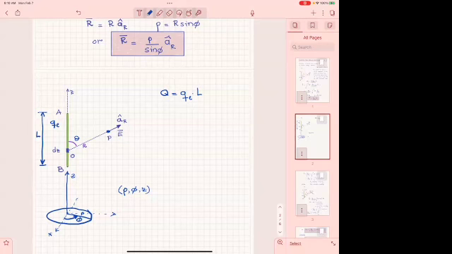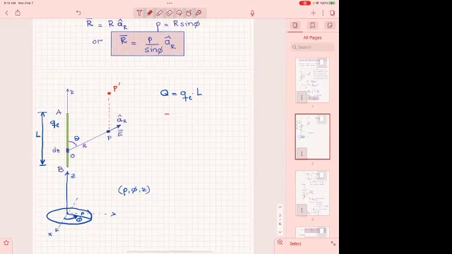If I move point P up, but keep the same distance from the z-axis, the field at P prime is going to be different from the field at P. The advantage we had in the infinite line charge is gone, because now it's finite along z, and our solution is a function of both z and rho.